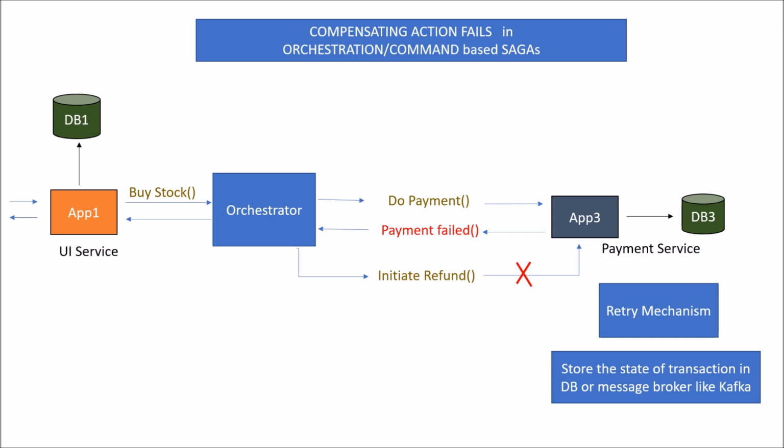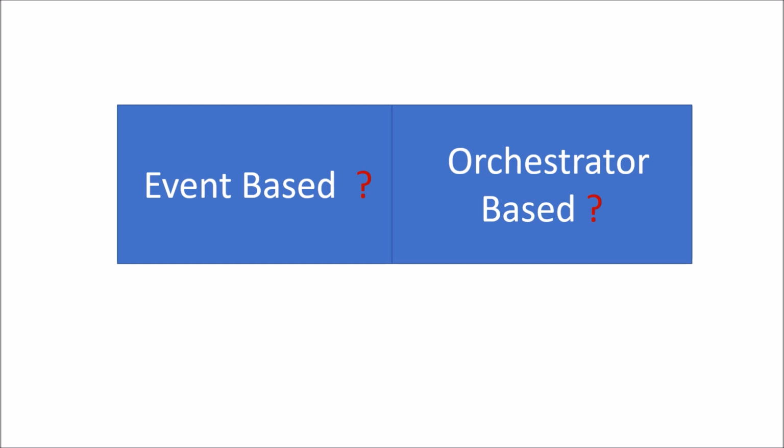Now moving further, let's understand which one is better, event-based or orchestrator-based. In my point of view, if you have a simple use case involving 2 or 3 or 4 microservices, maximum 5, and your business is not very complex, you can go for the event-based approach, because in terms of complexity, it is simpler to implement and understand.